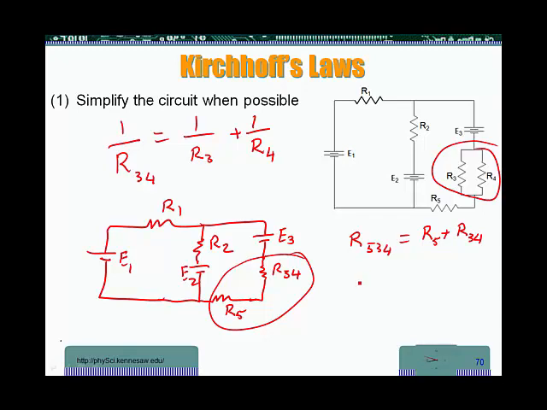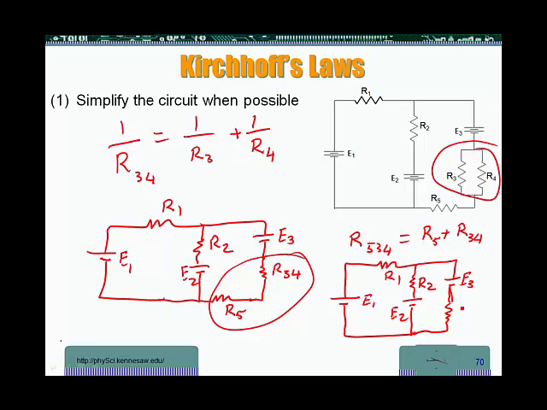So my simplified circuit is going to be E1, R1, R2, E2, E3, and R534.